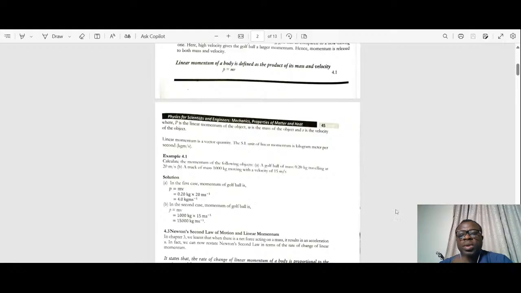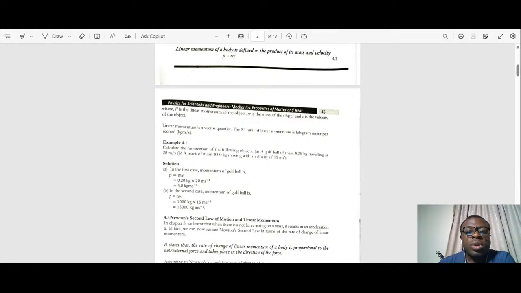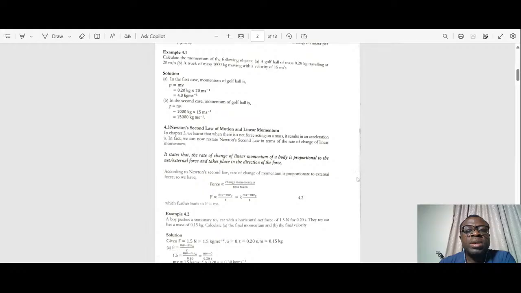So, just like I was explaining, the interest here is example 4.1. We have two questions here, and they seem to be direct in the sense that the mass and the velocity are given.